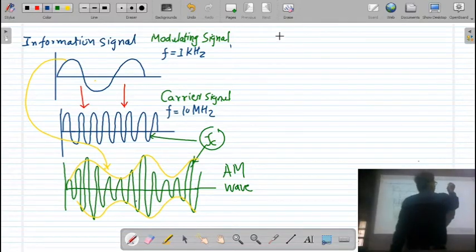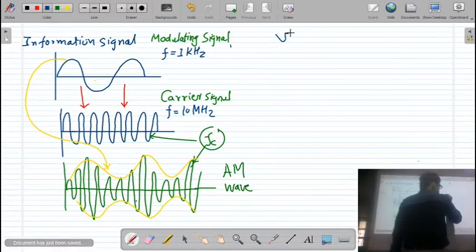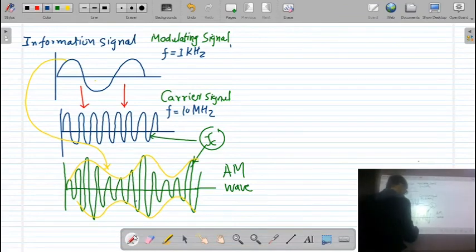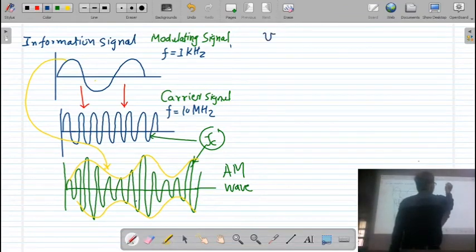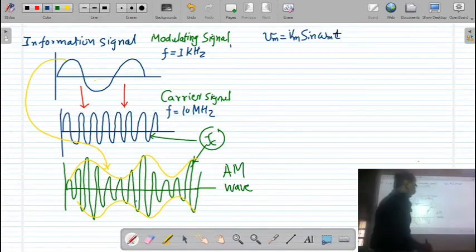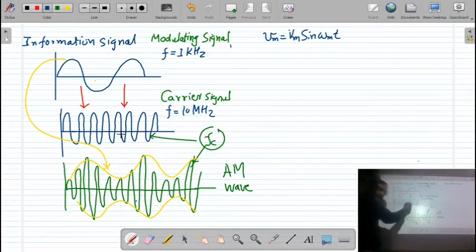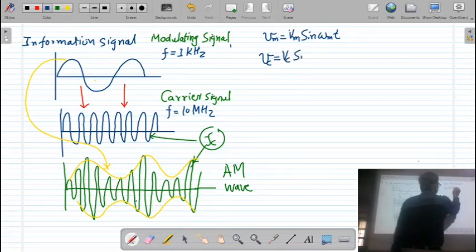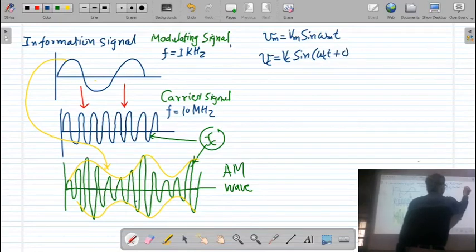The modulating signal is written as Vm sine omega mt. Correct? Then the carrier wave we can write as Vc sine omega ct plus phi.